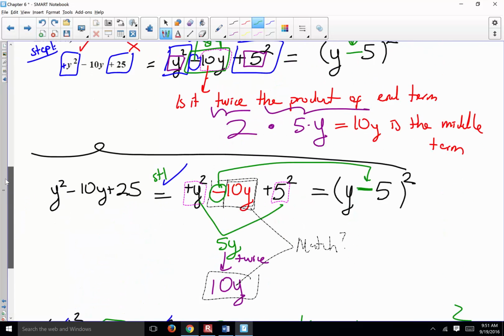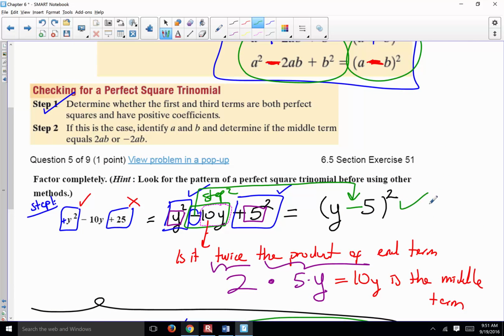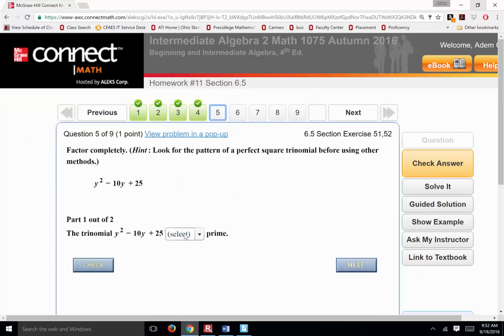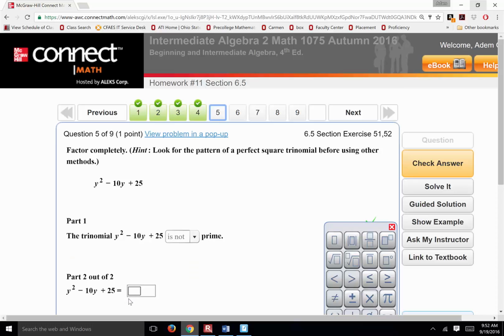So this one was good. This is what I'm going to enter here. It's not prime, I can factor it. I'm not sure which way it likes the answer though. I'm going to try square first. What is the other option? It's y minus 5. How do you make a square? It's shift 6, or you can choose this button here.